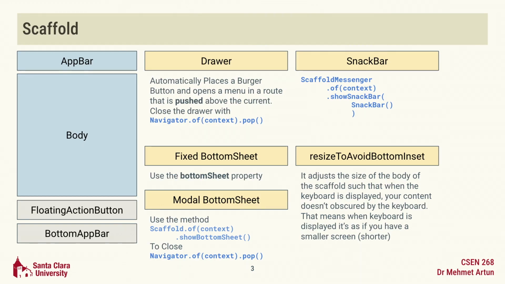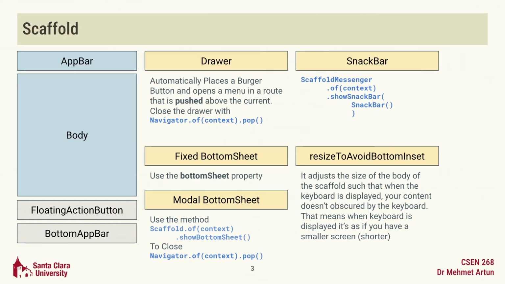Now, the bottom sheet is a sheet that appears under the bottom app bar, and you can have a fixed bottom sheet. For example, you have an app which is just launched, and you're trying to show a feature at the bottom, etc. You can do that, or you can show ads there, etc. And then there is another component of Scaffold, which is the modal bottom sheet.